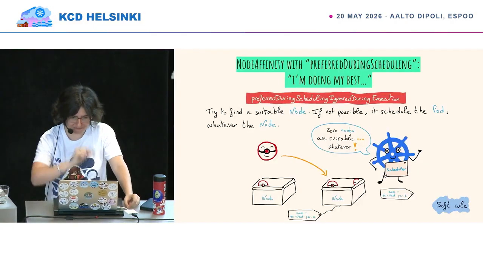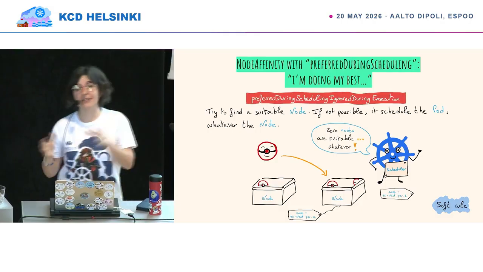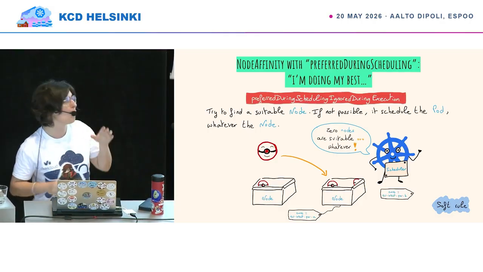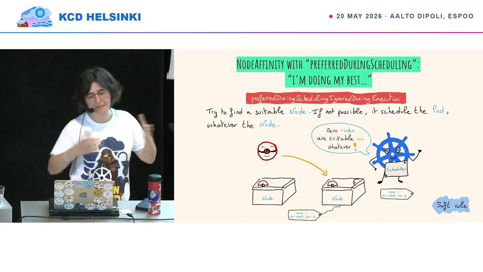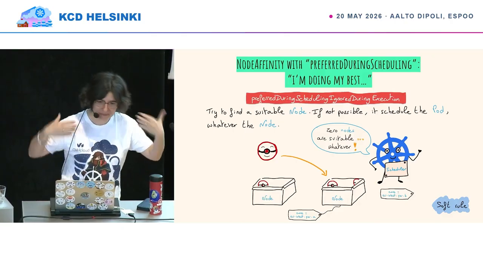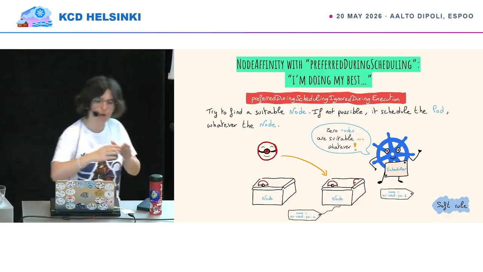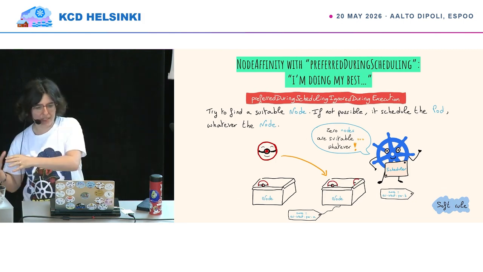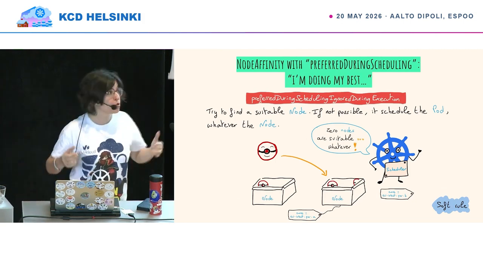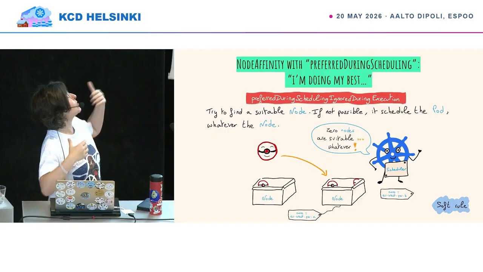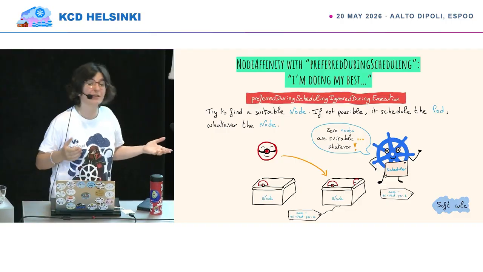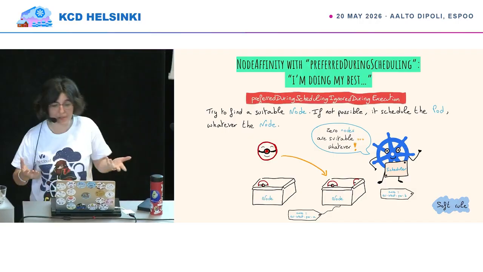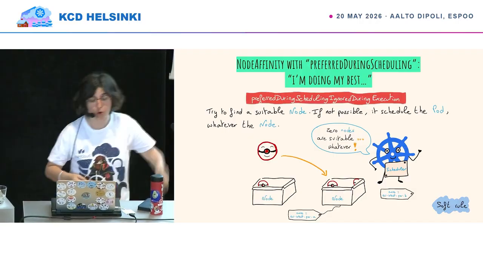Congratulations. So, with node affinity, we can configure two kinds of rules: one soft rule and one hard rule. With the preferred during scheduling rule, the scheduler tries to find a suitable node, but if it's not possible, it schedules the pod whatever the node. YOLO.